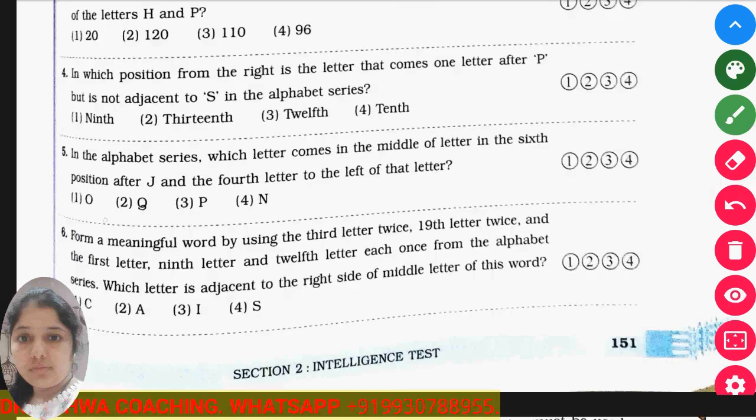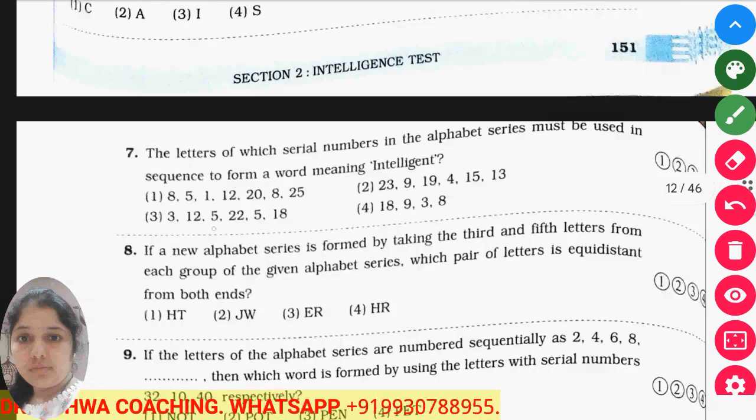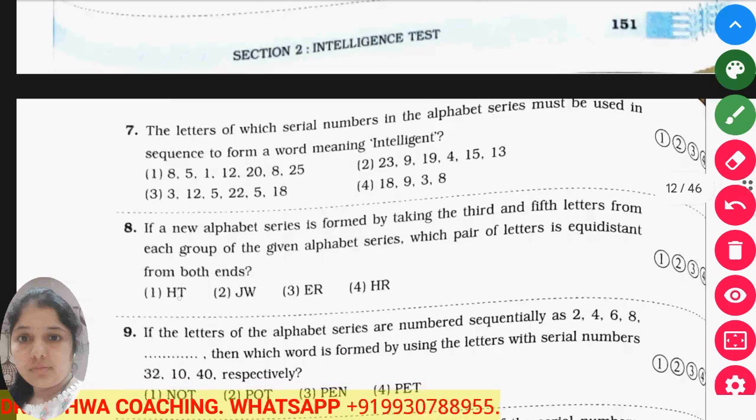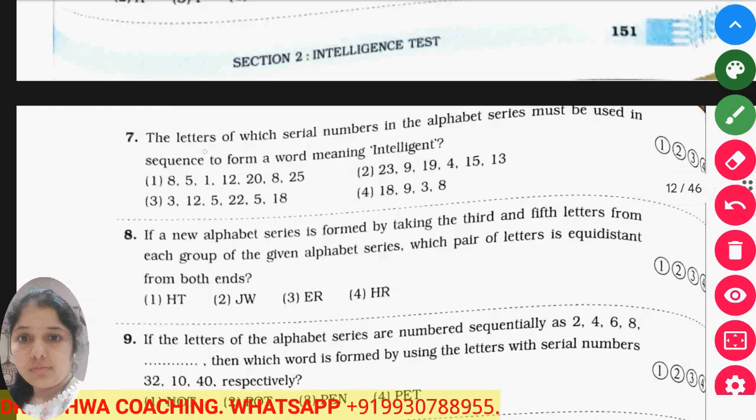Now we will skip some sums for your homework. Now see, the letters of which serial number in the alphabet series must be used in a sequence to form the word meaning intelligent? Now we have to find a word which is a synonym to the word intelligent.